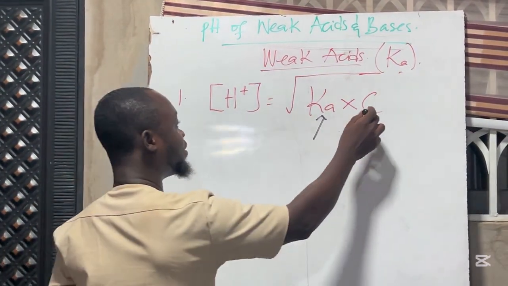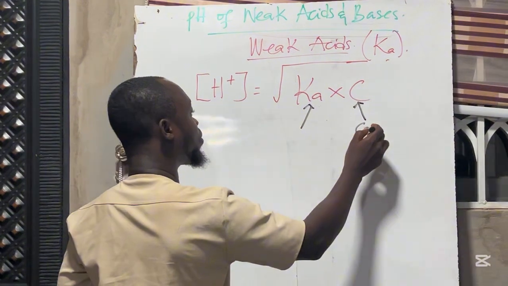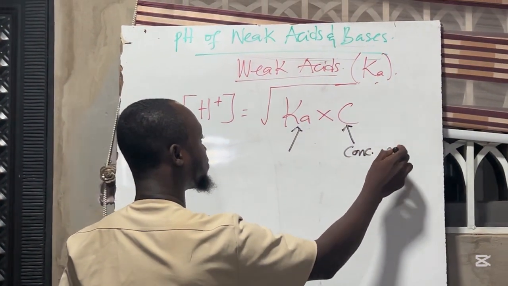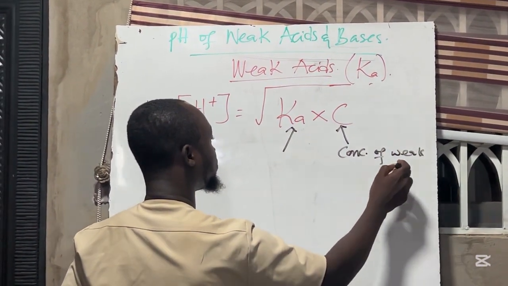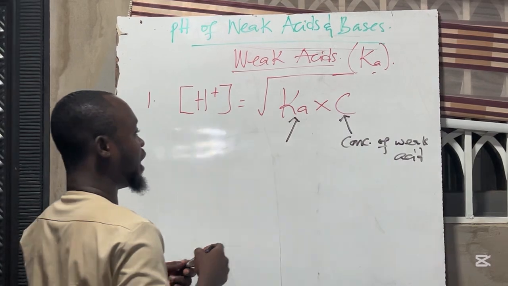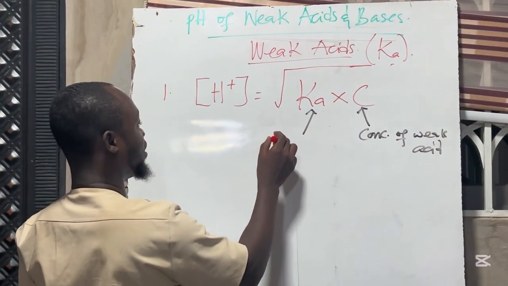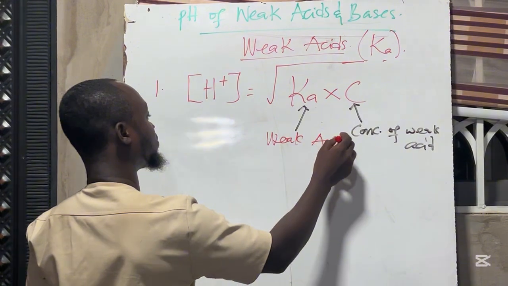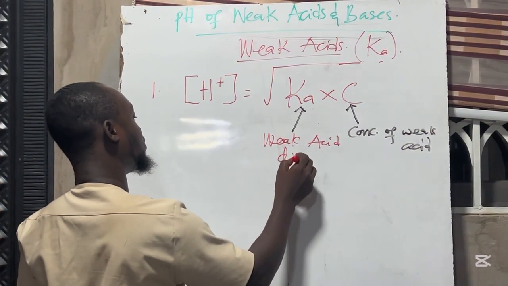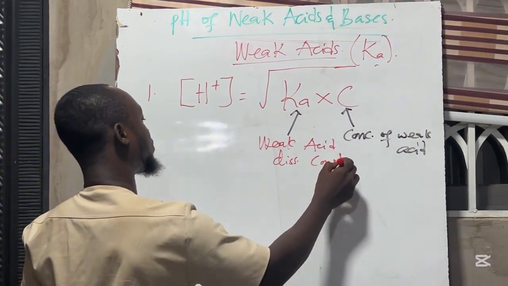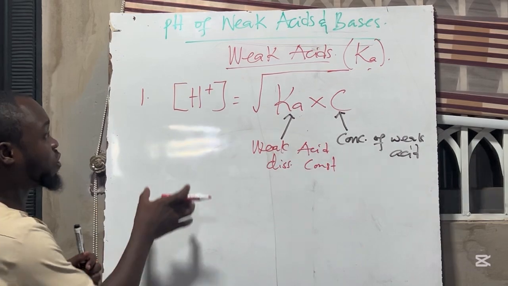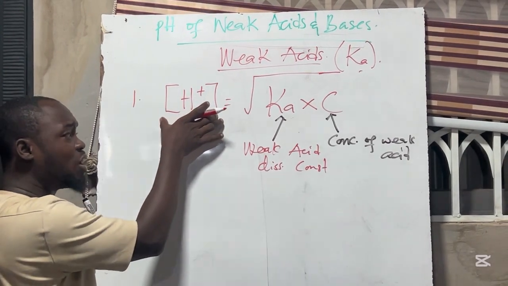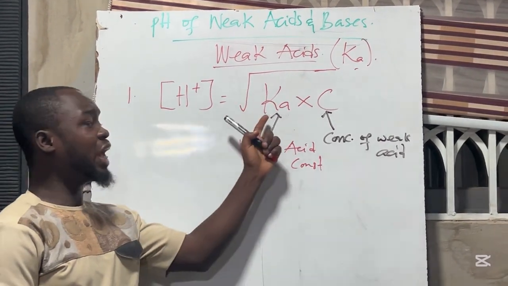The C is the concentration of the weak acid, and the Ka is the weak acid dissociation constant. Is that okay? So first of all, to get the H plus ion concentration, we use root of Ka times C.